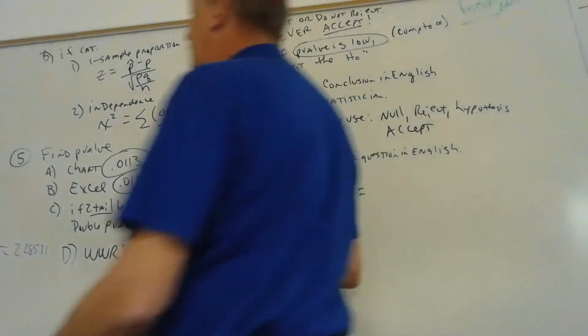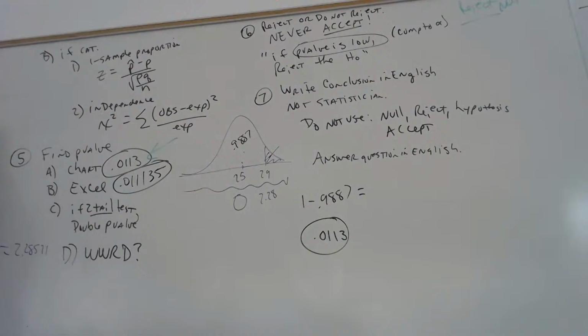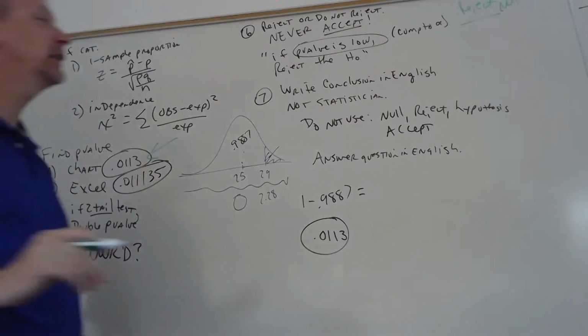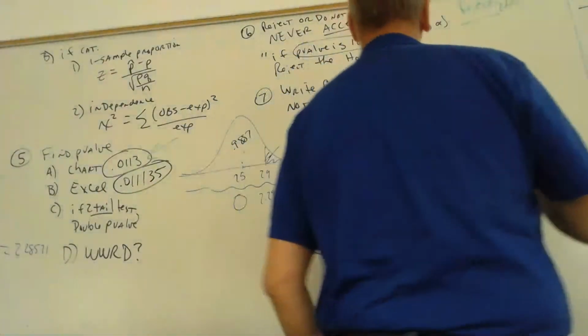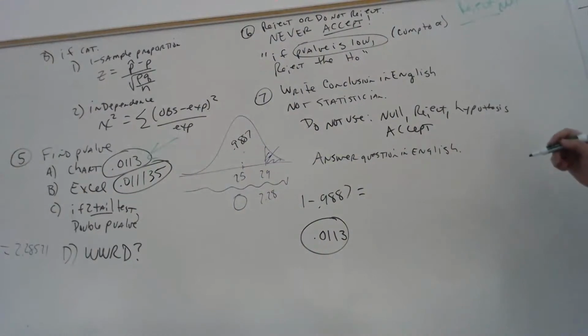The null says people are driving the speed limit. We don't believe that. What do we believe? What's our conclusion in English? We believe people are not speeding.